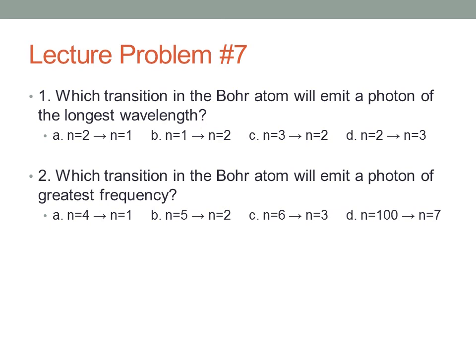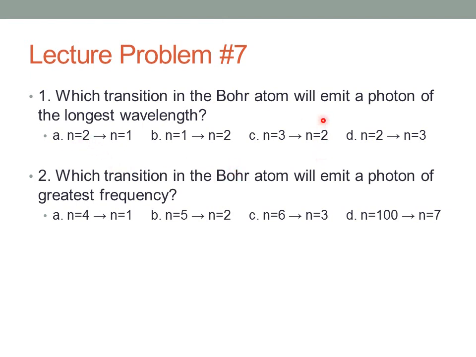If we are emitting a photon, that means we're giving off energy. So the atom has to be going from a higher energy state to a lower energy state. So we can get rid of any of the options where it's going up. We can eliminate option B and option D, because there the atom is going from a lower energy state to a higher energy state. So we know the answer has to be either A or C.